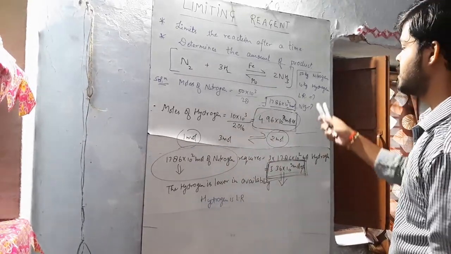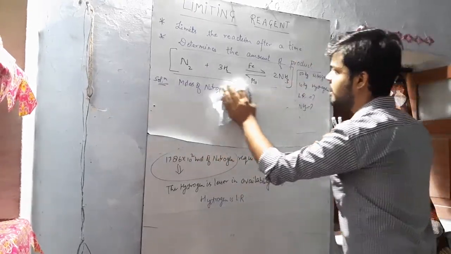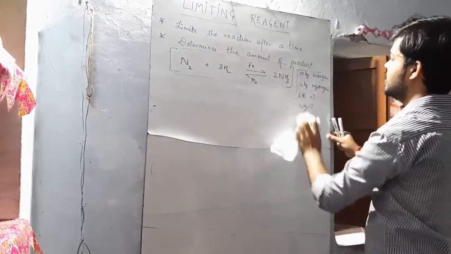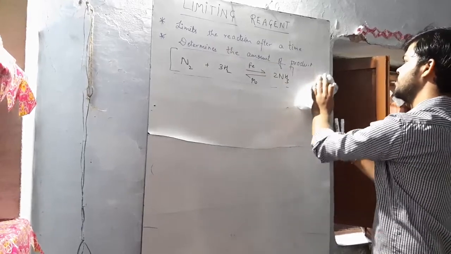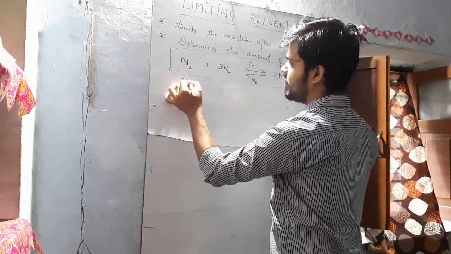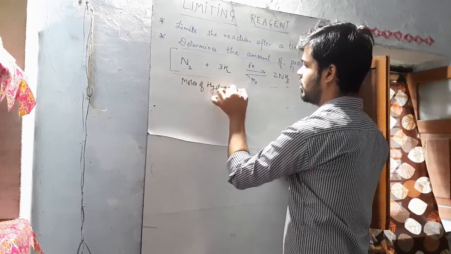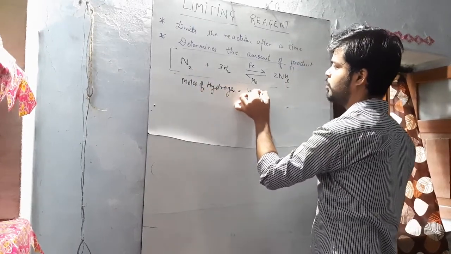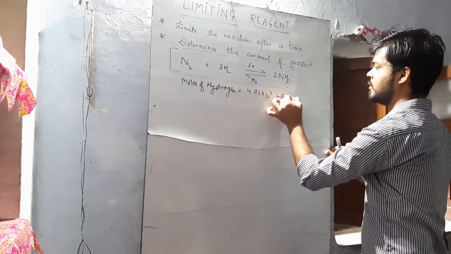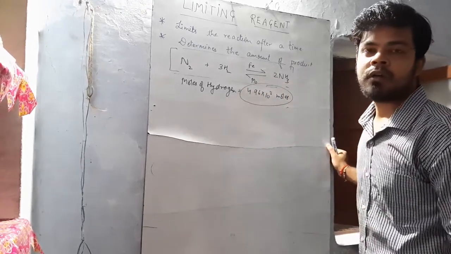And now, since hydrogen is the limiting reagent, it will decide the amount of ammonia that will be formed here. Clear? This has been written here: the limiting reagent decides the product formed in a reaction. Clear? So we have 4.96 into 10 power 3 moles of hydrogen here. Clear? And now this amount of hydrogen will decide the amount of ammonia formed.